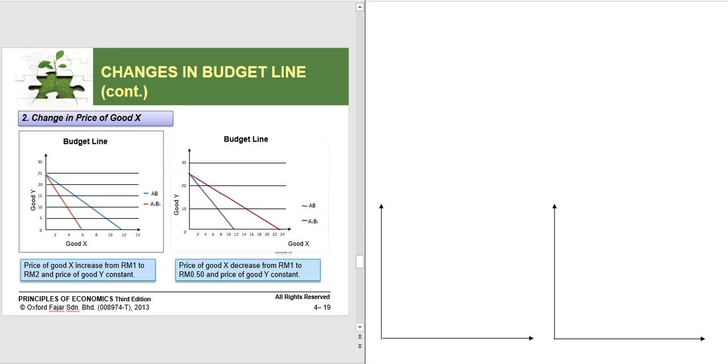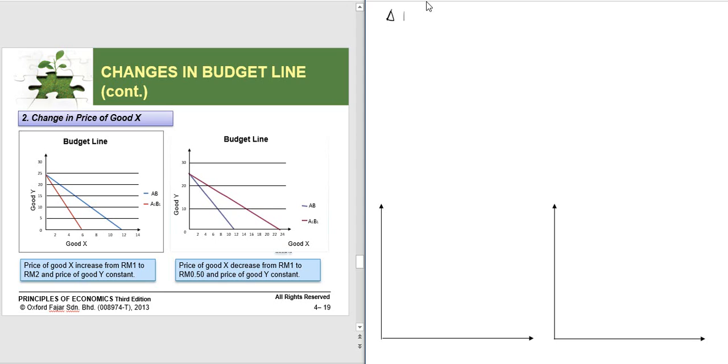Now we want to see what will happen to the budget line when there is a change in the price of one of the products. Let's say in this case there is a change in the price of good X. The price of good X can either increase or decrease.